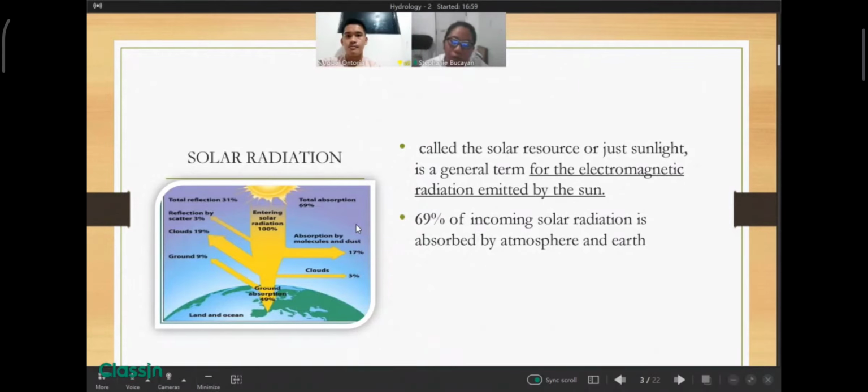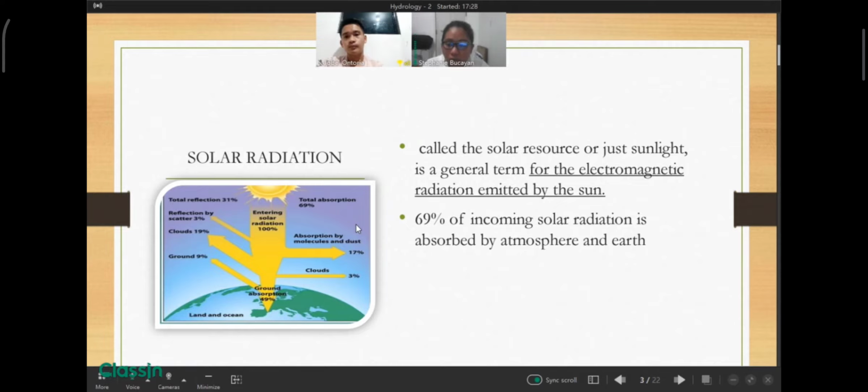Much of it is absorbed, reflected, or scattered in the atmosphere. At the surface, solar energy can be absorbed directly from the sun, which is called direct radiation, while light that has been scattered as it entered the atmosphere is called indirect radiation.